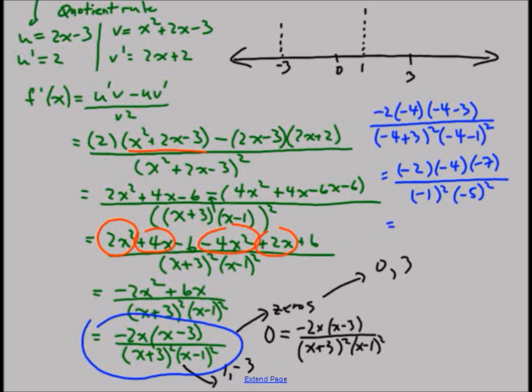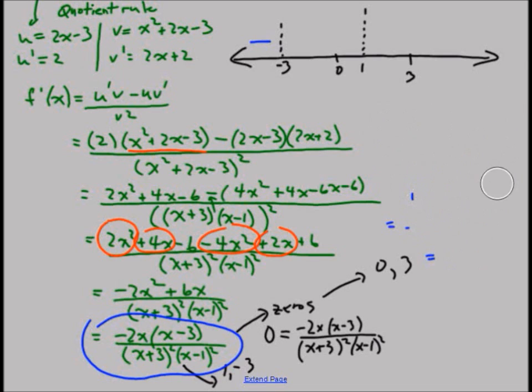This numerator will be a negative number. This denominator will be a positive number. So therefore, that's a negative number. So negative. Okay, I'm running out of room, so I'm going to erase this and do another one. Looking for an interval between negative 3 and 0.